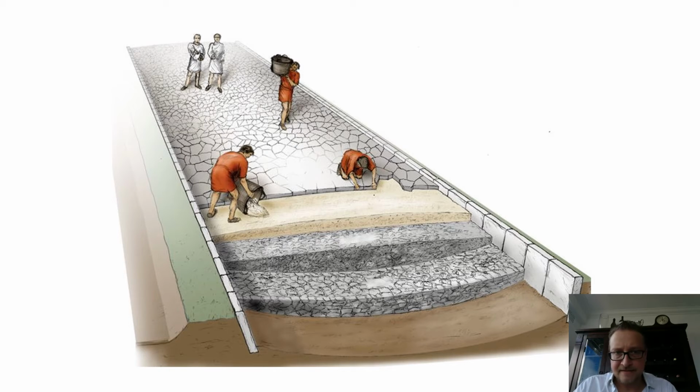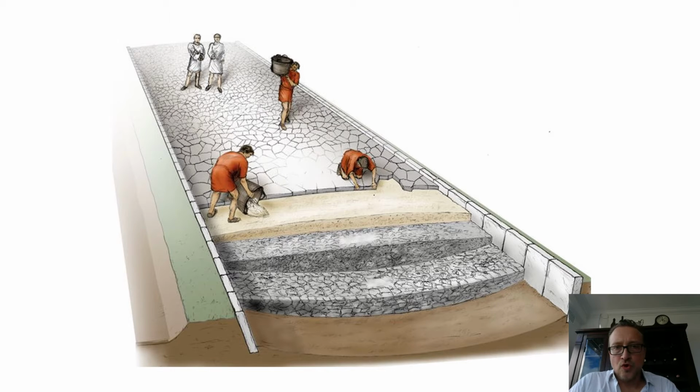And on the other hand, the flat surface allowed for a smooth transportation of goods on chariots, and also an easy marching for their armies.